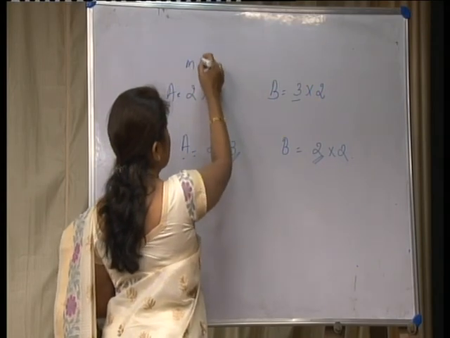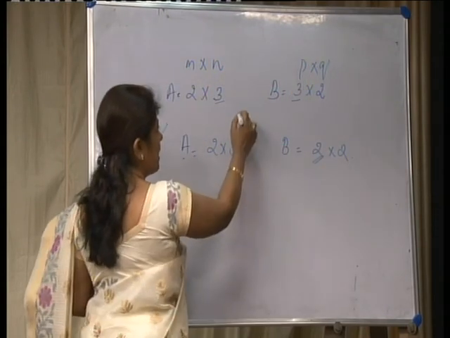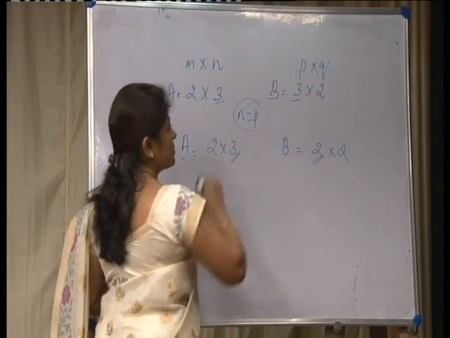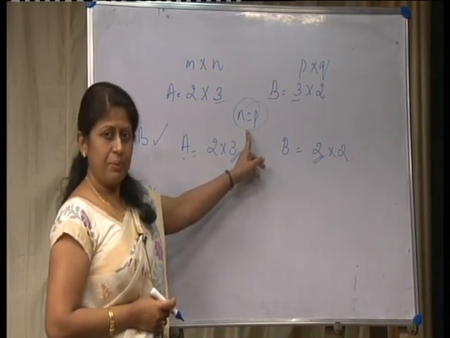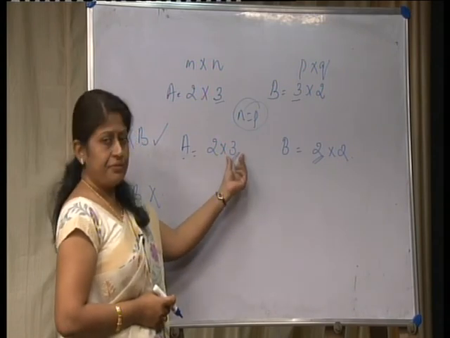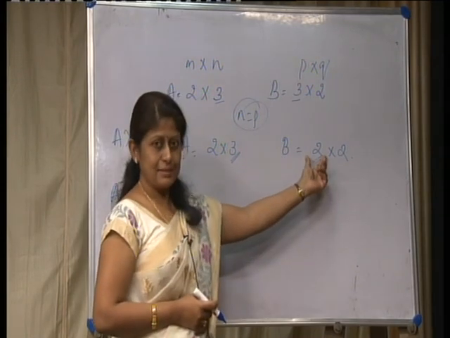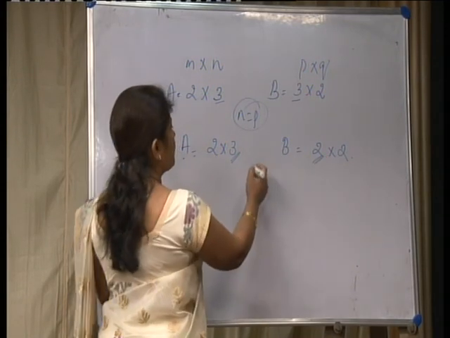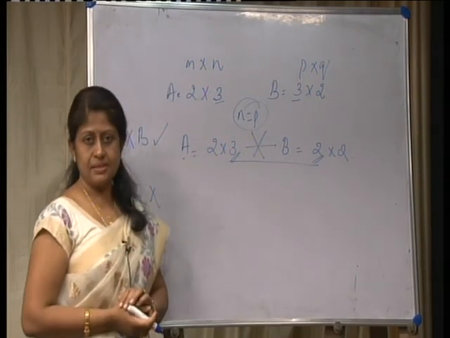If you take n cross n and p cross q with n equal to p, the matrix is conformable and multiplication can be performed. But here the number of columns of the first matrix and the number of rows of the second matrix are not equal, so we cannot perform a multiplication on these two matrices.